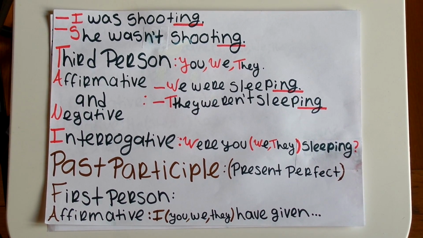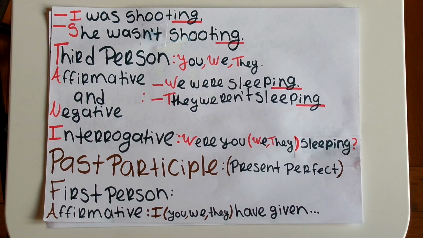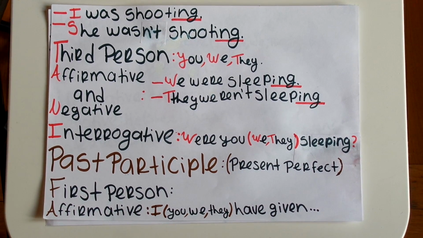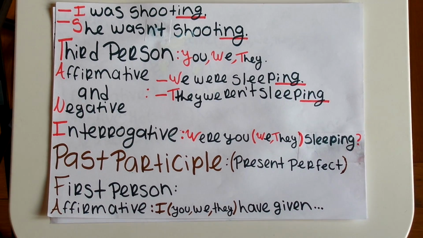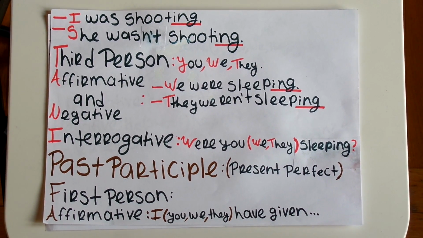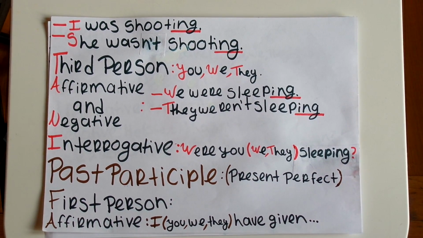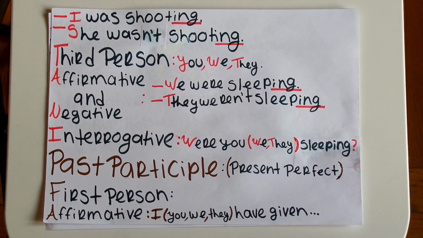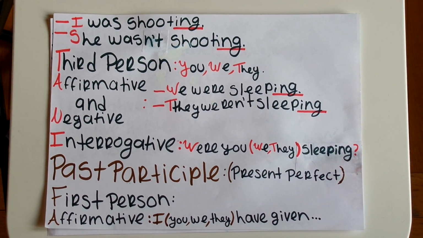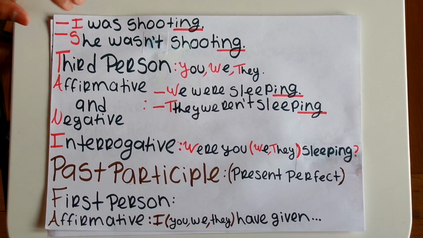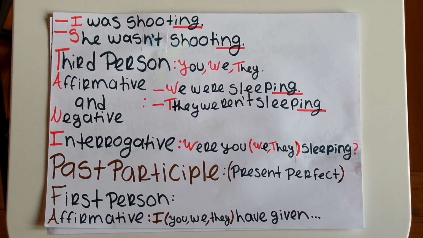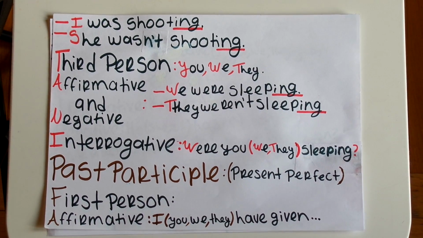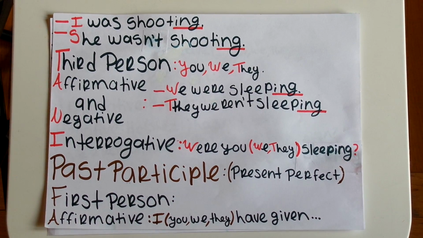A negative way is she wasn't shooting. Here we have again the connectors problem, let's say like that. That is was. Here in a negative way is was not, making it shorter, wasn't.